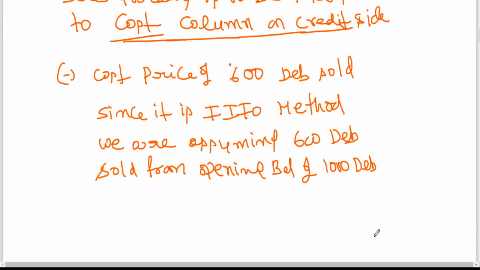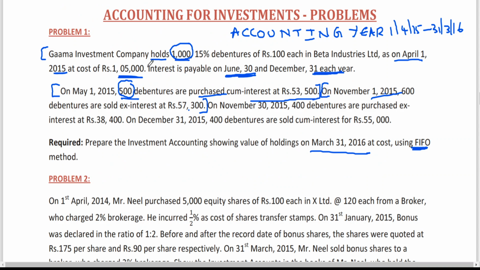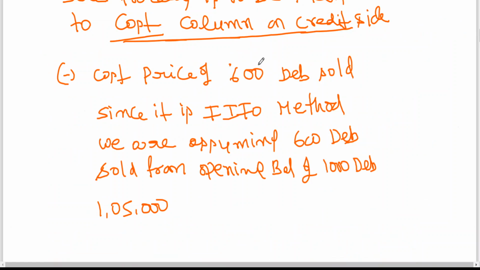So now what is the cost price? 1,05,000 is the opening. This I have told you. What is the opening balance? 1,05,000. The cost for how many debentures? 1000 debentures. Therefore, for 600 debentures, what will be the cost price?